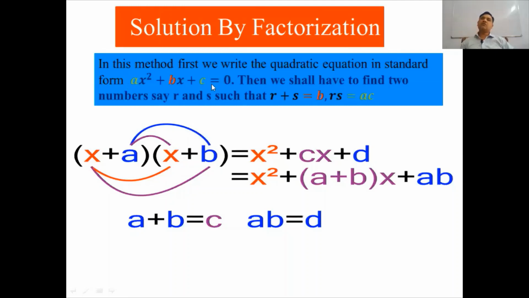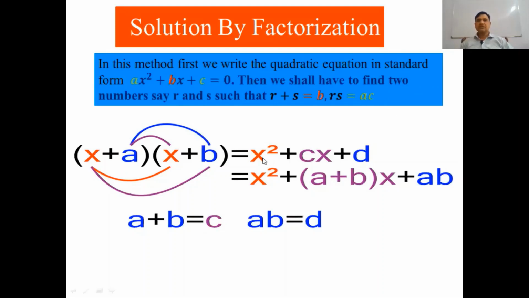Then we have to find two numbers, say r and s, such that when we sum these two numbers, we get b, the middle term, that is the linear coefficient, the coefficient of x. And when we find the product of these two numbers, rs must be equal to ac.